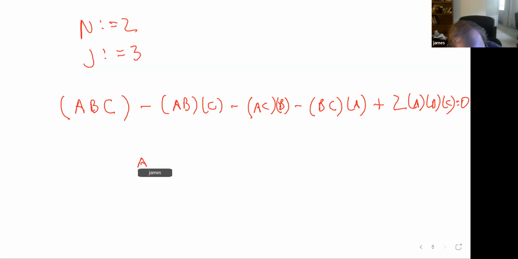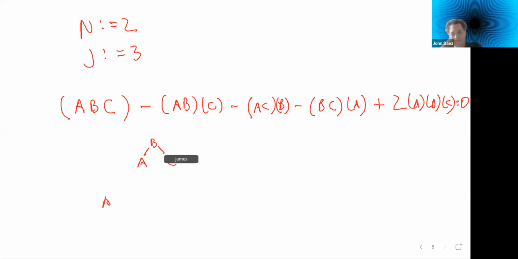ABC has A, B, C separately at the top, I think, and then, let's see. Maybe I should put the one where they're all together. I'm having trouble remembering which way this goes. You can draw it upside down. I'm agonizing over whether I should draw the lattice upside down or right side up, and it's probably a stupid thing to agonize about.